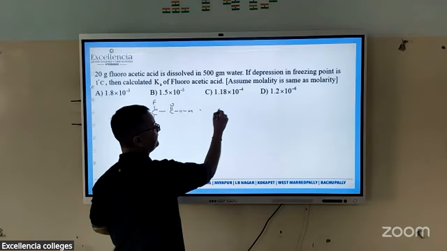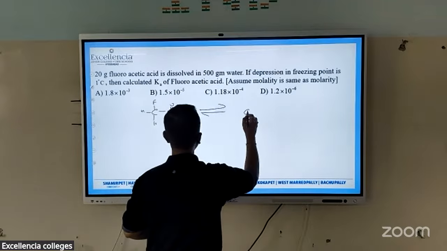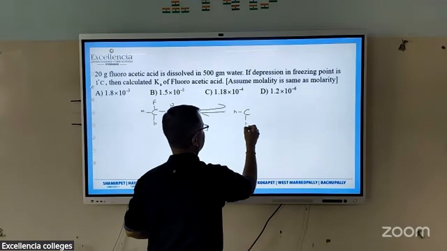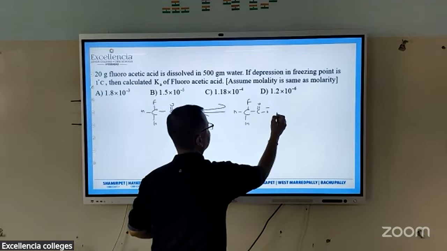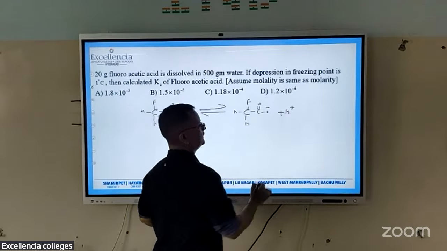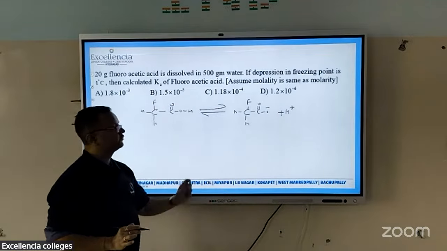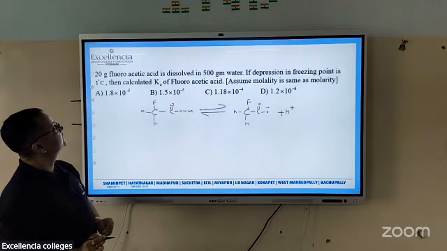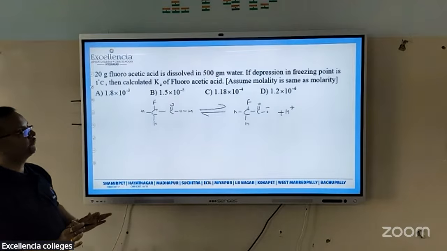So it will dissociate, and there is an equilibrium set up, and it will give you the anion and H plus. So it is of AB type, but it is a weak acid. So first thing is this. Let's say we have taken 20 grams of the acid, and the depression is 1 degree. Then calculate Ka of fluoroacetic acid and assume molarity to be molality.